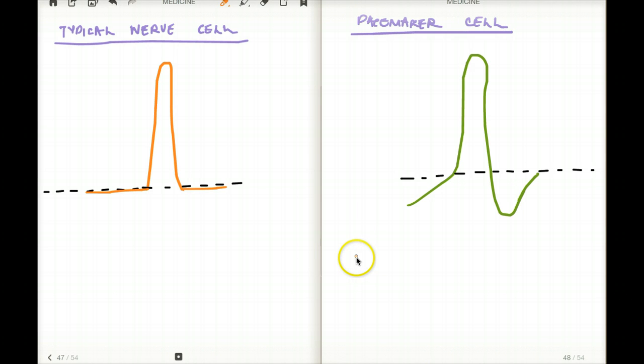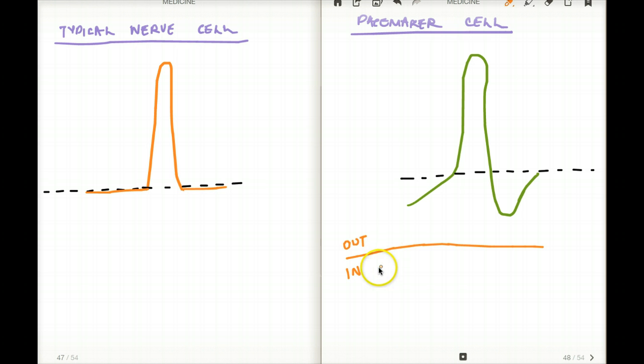Let me explain that in terms of illustration. Let's say this is our membrane, this is the outside, this is the inside, and we want our pacemaker cell to be depolarized. So we want to encourage more sodium or calcium to come in because these are more positive. And we have potassium here.